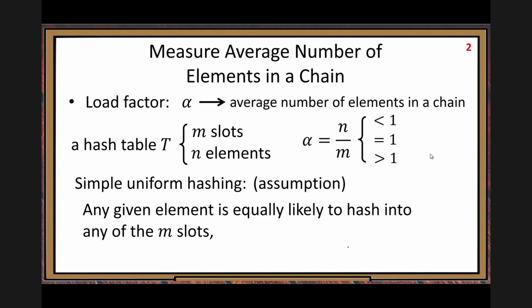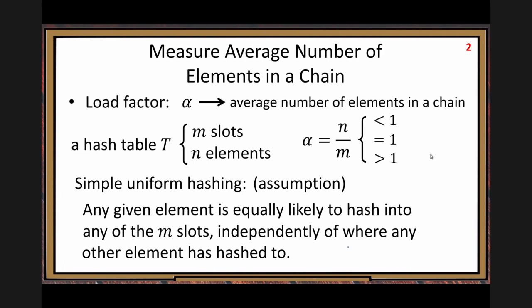In statistics, the elements come in a uniform distribution. That's the best thing we can get. So evenly distributed in those m slots, independently of where any other element has hashed.